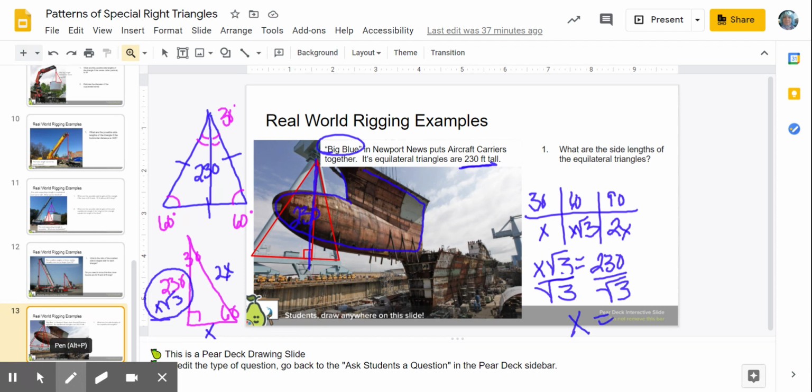And what's x equal? 230 divided by the square root of 3 equals, oh, I had a weird number in there. 132.8. Good. 132.8. Where does that go? What does that mean?